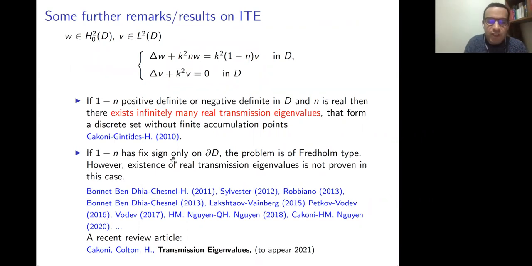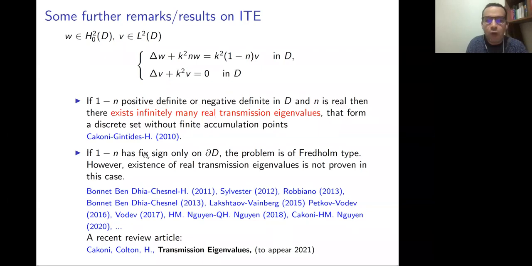So this slide is just to say that we can say something about the transmission eigenvalues for this problem. For example, if this contrast does not change sign, there are infinitely many real transmission eigenvalues that we can recover from measured data. But this fact is not proved in other instances, for example where the contrast changes sign.